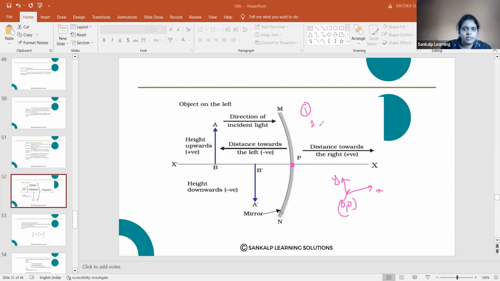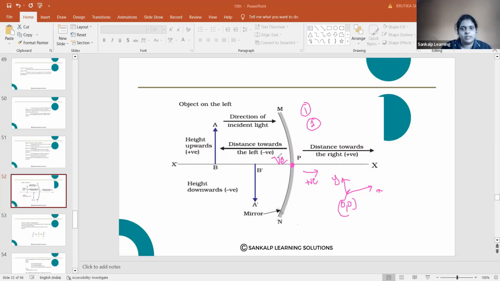The second point is, here you can see the right side and the left side. If you are measuring from the pole to the right side, it is taken as positive. The right side measurements are taken as positive, and the left side measurements are taken as negative. For example, here AB is your object, and it is placed to the left of the mirror.